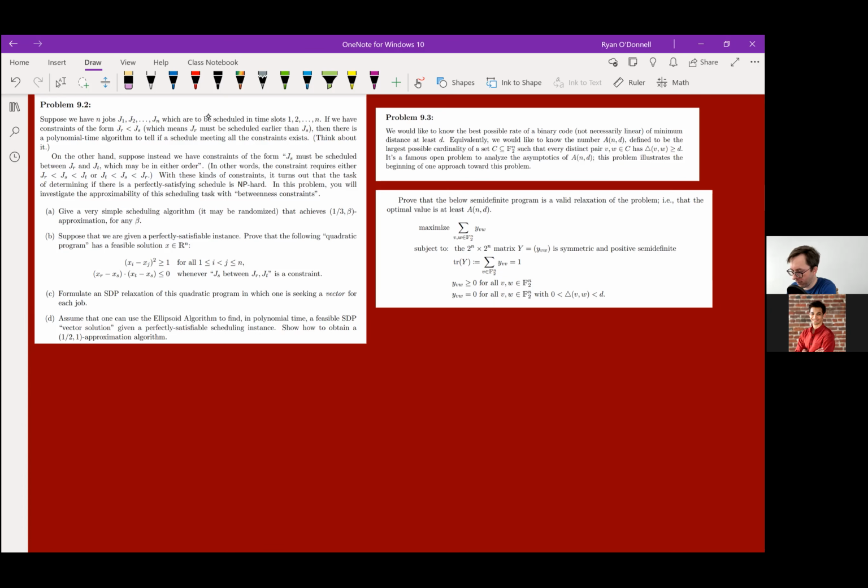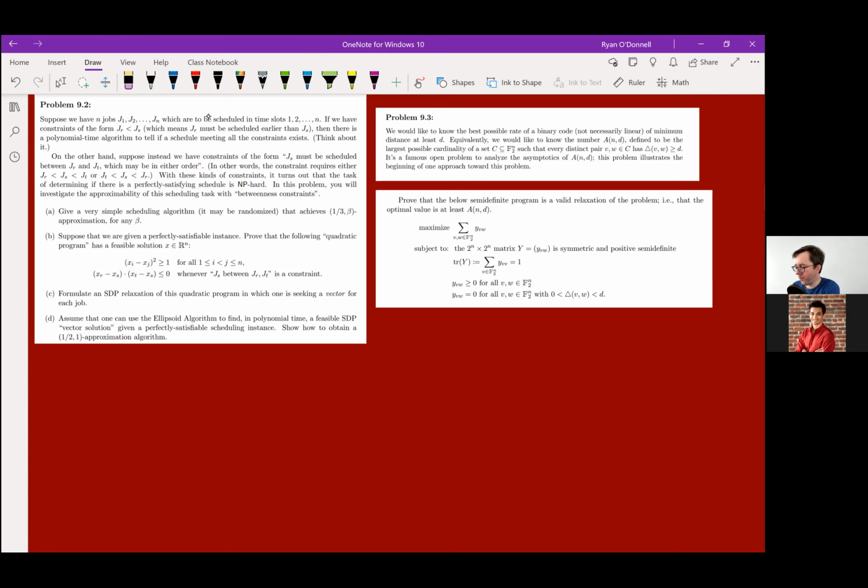But then for formulating the SDP, we were thinking about how to come up with a matrix that represented this. You can't necessarily use the same x vector shown in part B, because that's one vector for the entire schedule, whereas in part C you want one vector for each job.